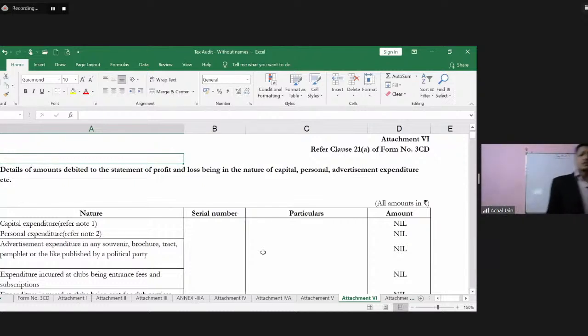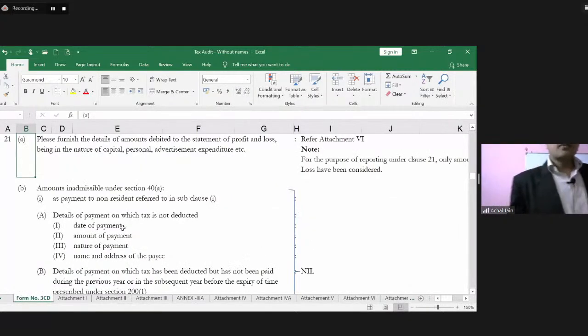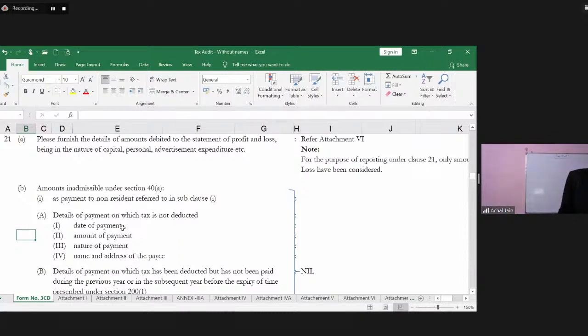Moving further on to this, it requires amounts which are debited to P&L, amounts which are inadmissible under section 40A as payment to non-resident, referred to in subclause I, details of payment on which tax is not deducted.